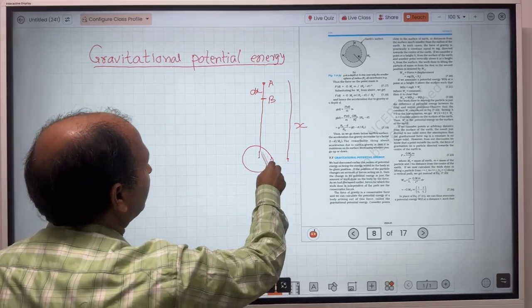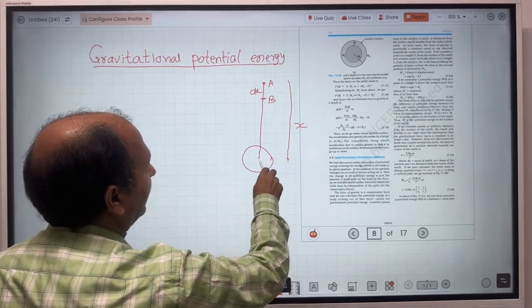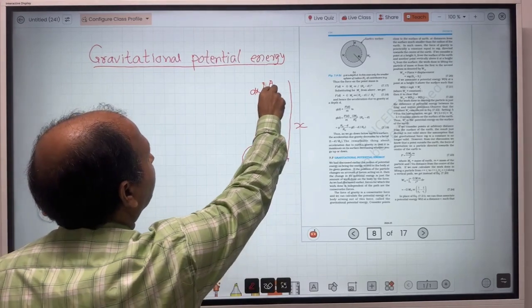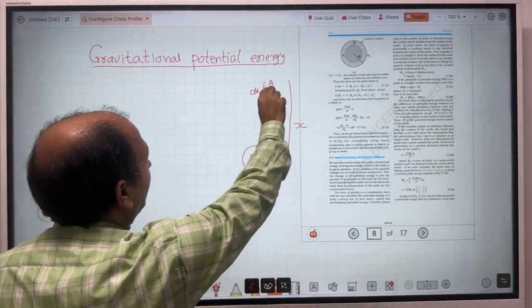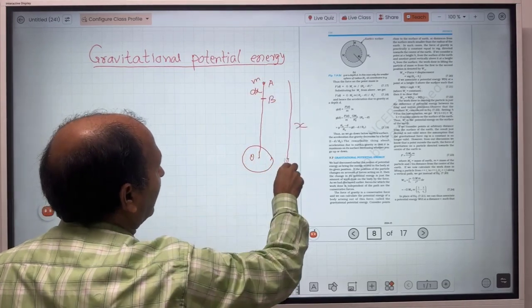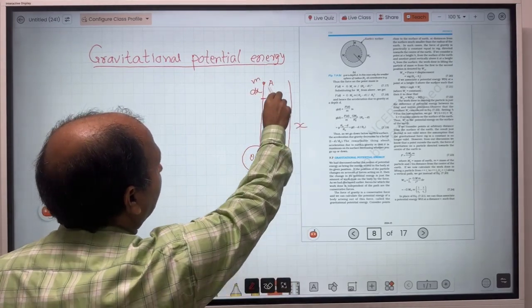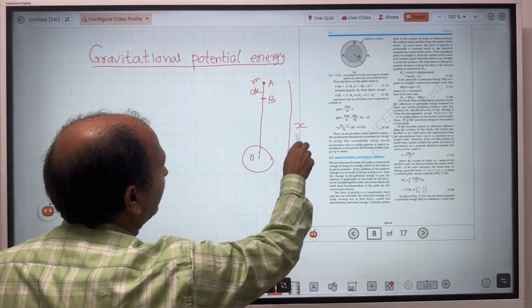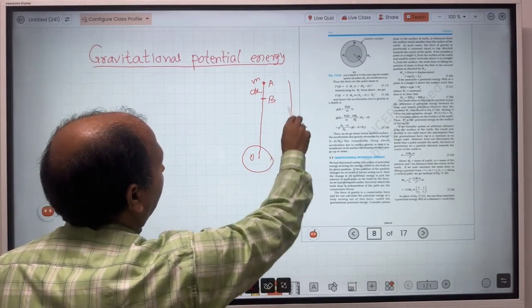So we consider this is Earth, this is the center of Earth, and this is a point where there is an object of mass m, and the distance of this point from the center of Earth is x.